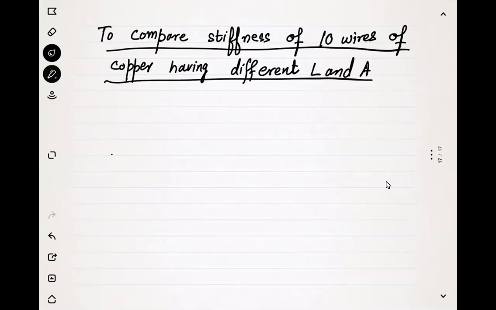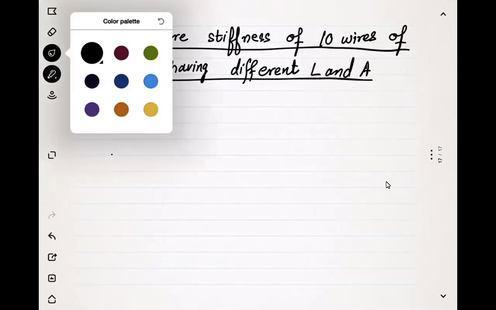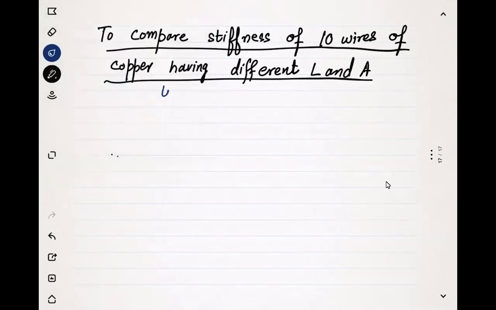So if stiffness of 10 copper wires with different length and area is to be compared, since all the wires are made of copper, so length and area are the independent variables, so you have to use the Hooke's constant. The values of Hooke's constant of copper wires can give the comparison of their stiffness.